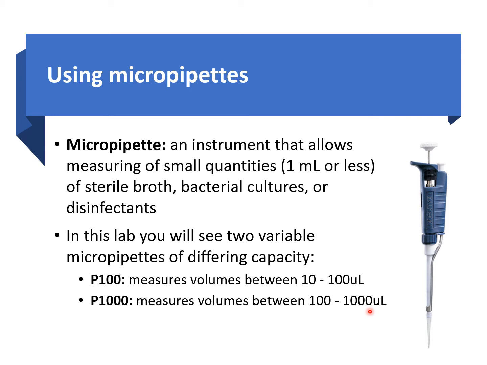Otherwise, it is not going to be accurate and you might damage your micropipette. So again, I'm going to show you how you can set it, but never set it below the minimum or above the maximum amounts.